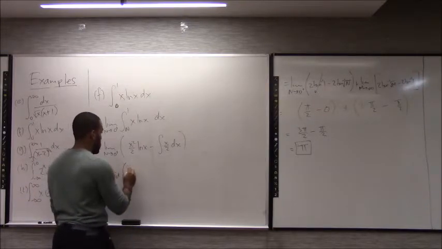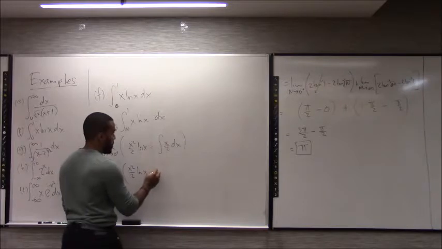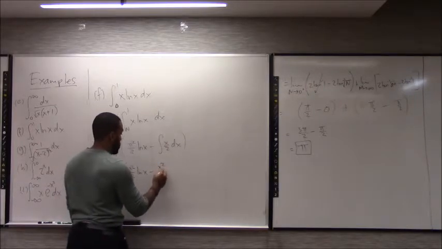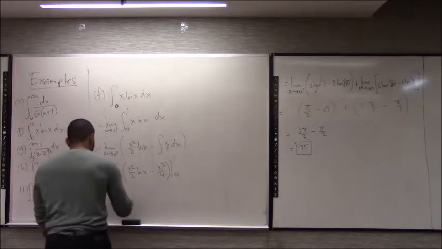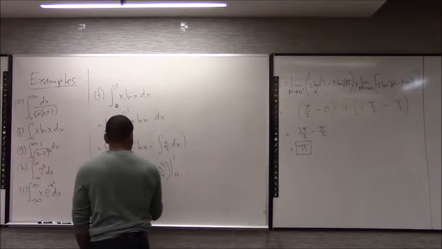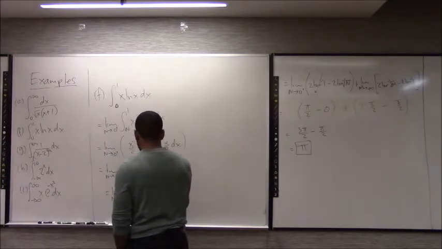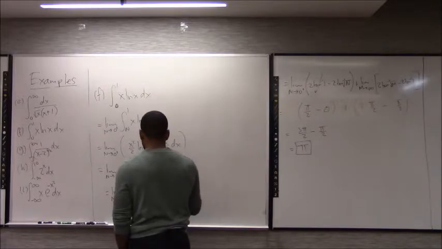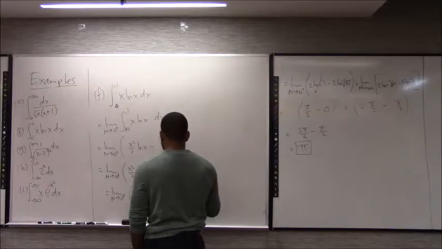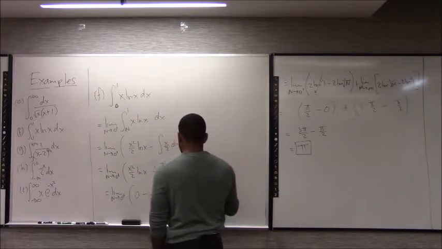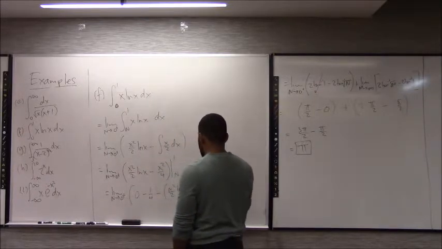It's going to be x squared over 2 ln x minus x squared over 4, from n to 1. Plug in 1, I get 0 minus a quarter, minus plug in n, I have n squared over 2 ln of n minus n squared over 4.